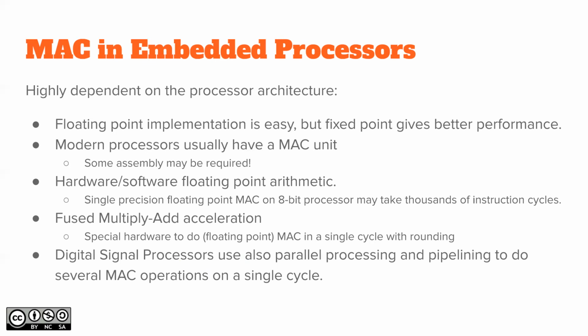Sometimes I have seen 16-bit processors using fused multiply add acceleration. But on 32-bit processors, it's either a full floating point MAC, or the full floating point ALU, or just the normal ALU.